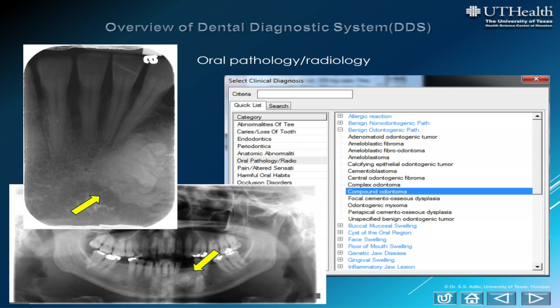Additionally, a history of physical trauma to the area during childhood, which could cause disruption during formation of teeth in the area, gave additional hints for odontoma.